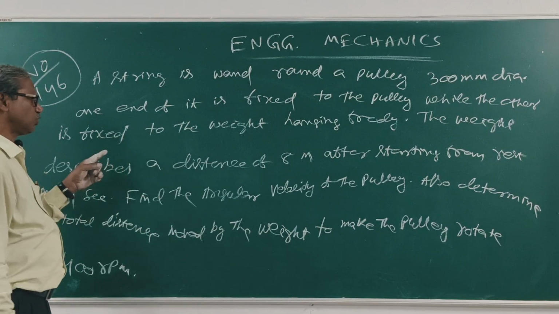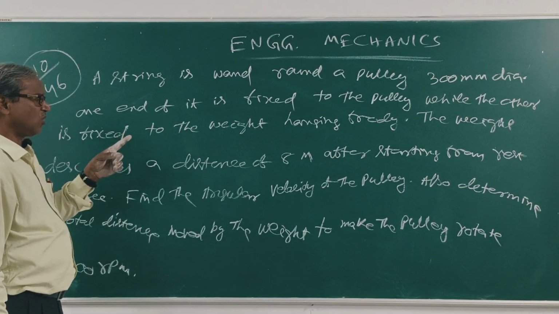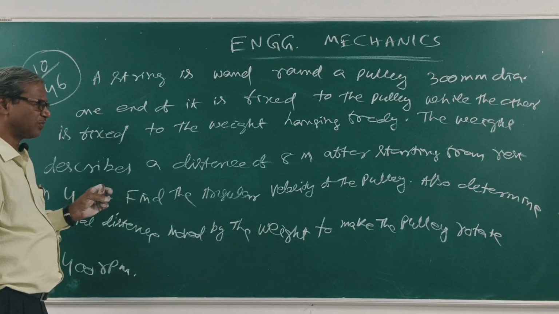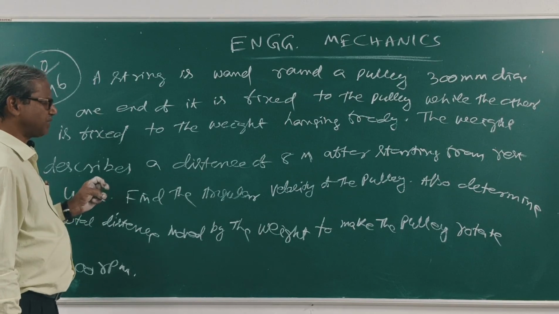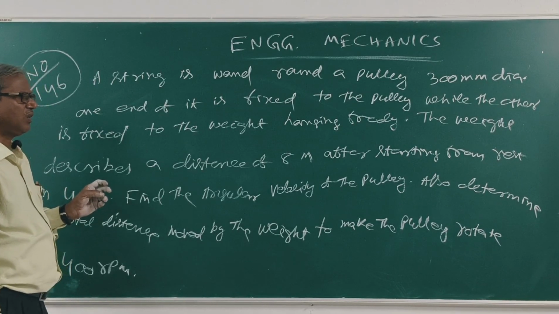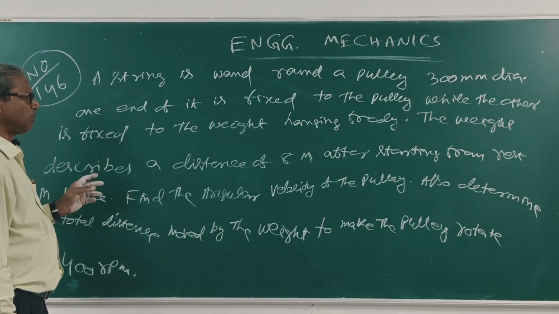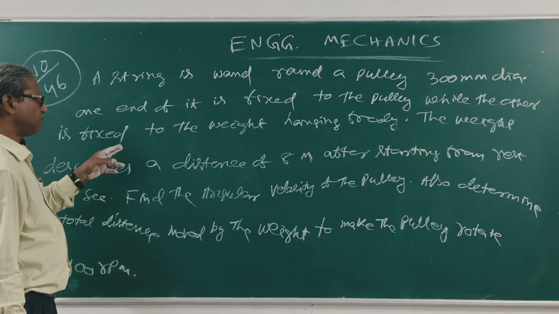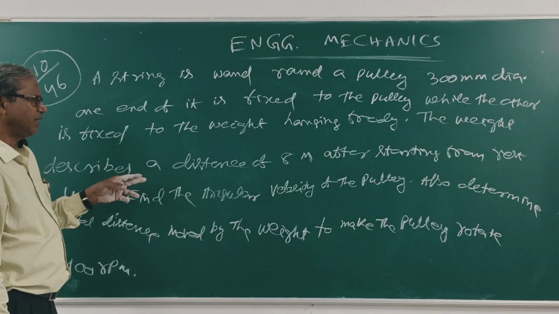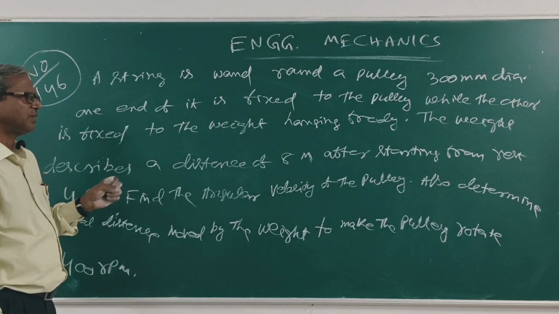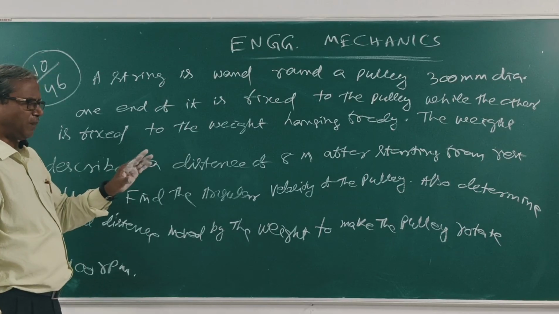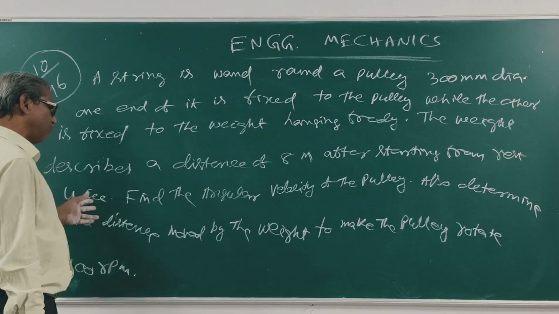The question is, a string is wound around a pulley of 300 mm diameter. One end of it is fixed to the pulley, while the other end of the string is fixed to a weight hanging freely. The weight describes a distance of 8 meters after starting from rest in 4 seconds.